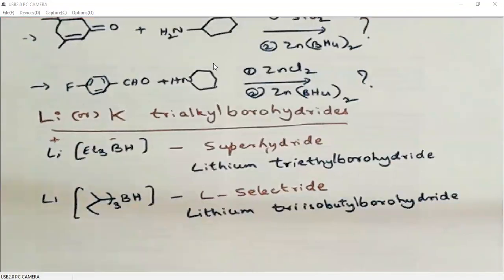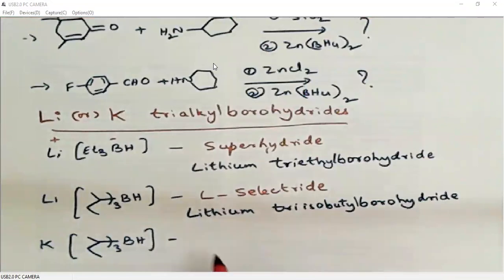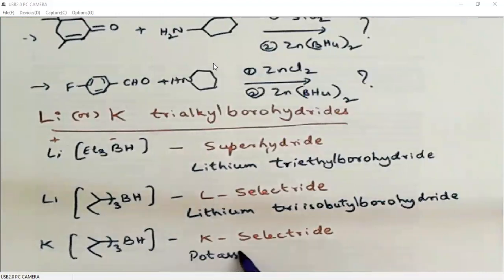And similarly, we will have potassium triisobutyl borohydride. It is called K-selectride. The IUPAC nomenclature is potassium triisobutyl borohydride.